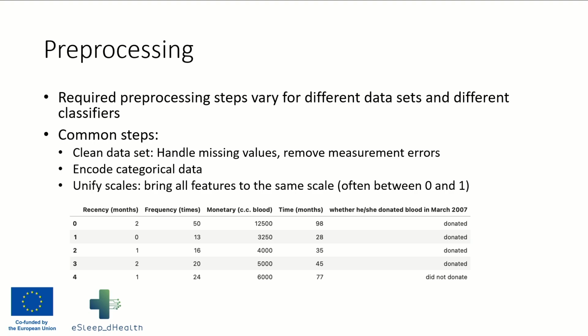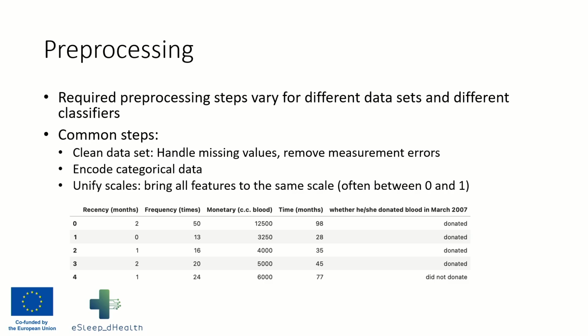I think I first need to explain why we need to do that. And that also depends a bit on the machine learning model. Because, for example, if you compare the similarity between points and you're taking multiple columns into account, and you're looking at the recency, which is a number that typically ranges, let's say, between 0 and 12. But then we have the monetary, so the amount of money they got for donations in the past.